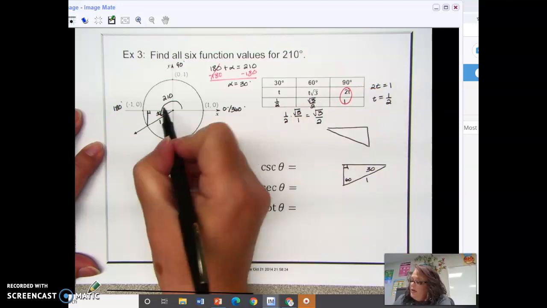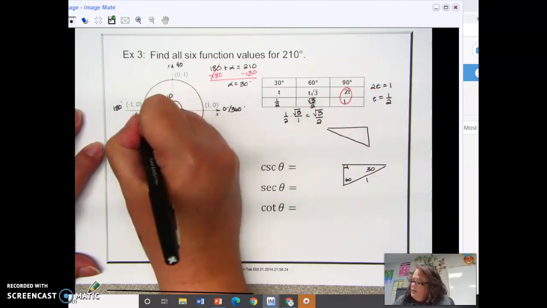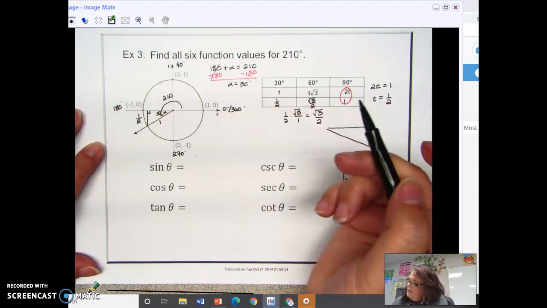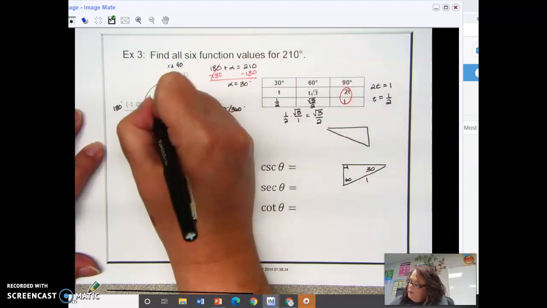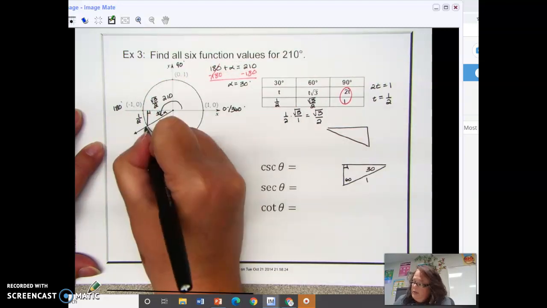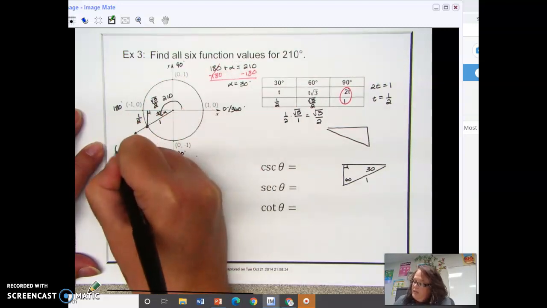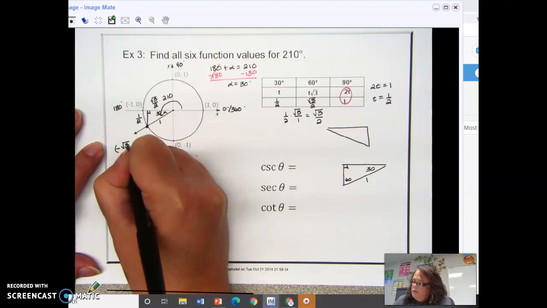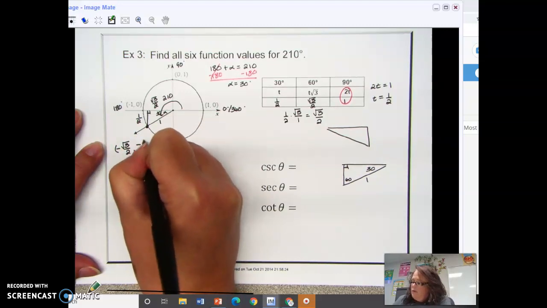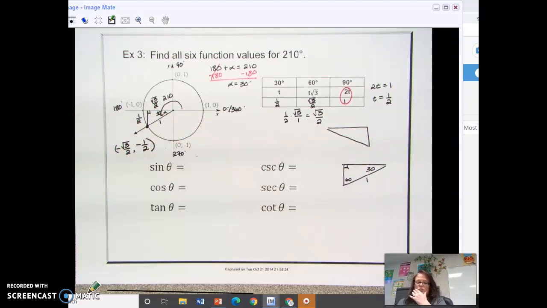Okay, so that means opposite the 30 is 1/2, and opposite the 60 is going to be root 3 over 2. So this point says to go to the left root 3 over 2 and to go down 1/2. And so we are at the point negative root 3 over 2 comma negative 1/2.